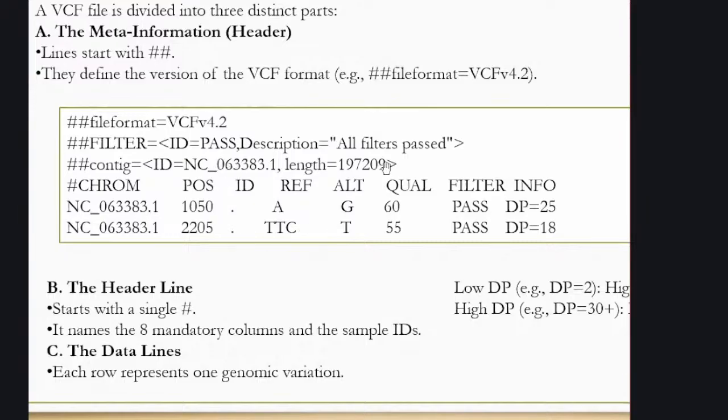This is the reference genome, this is the length of the reference genome, and this is giving you the version of the VCF file. So these are not that important.